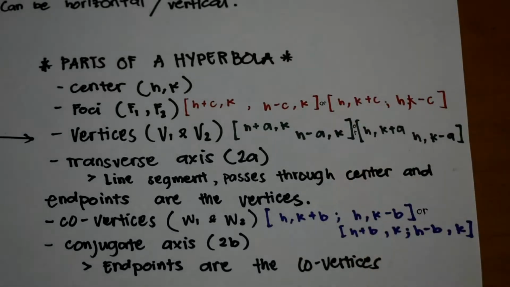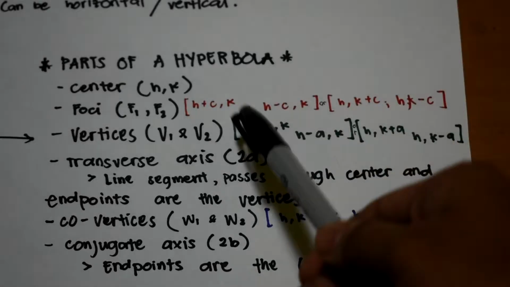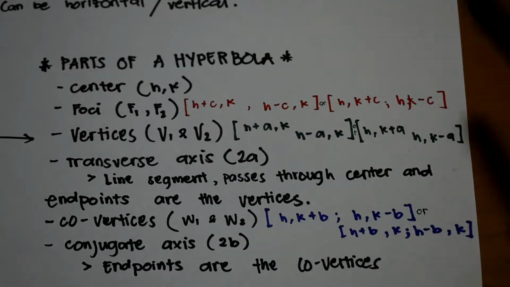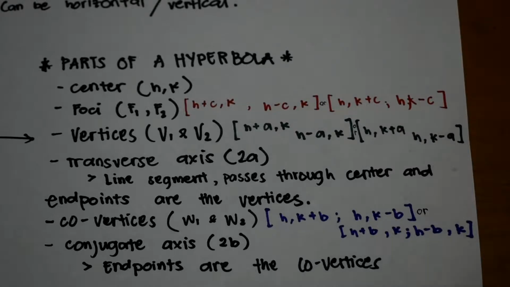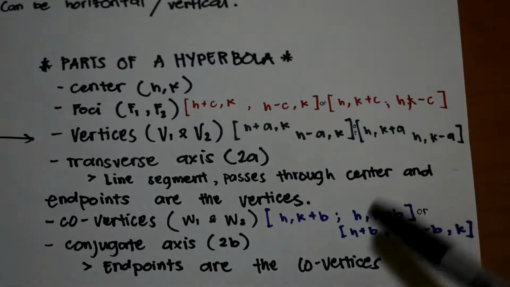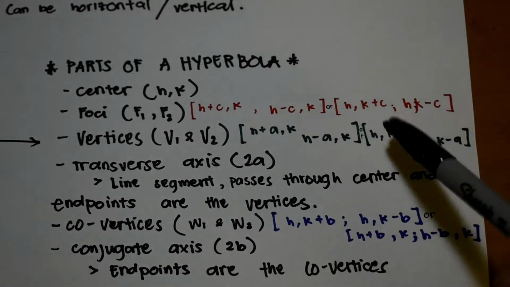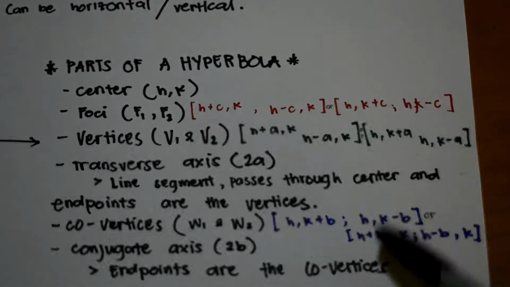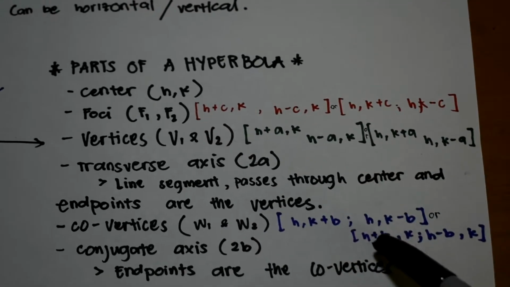If your hyperbola is horizontal, for your foci you will add and subtract C to your H, and for your co-vertices you will add and subtract B to your H. If the hyperbola is vertical, you will add and subtract C and B to your K. That's how you get the co-vertices and foci.